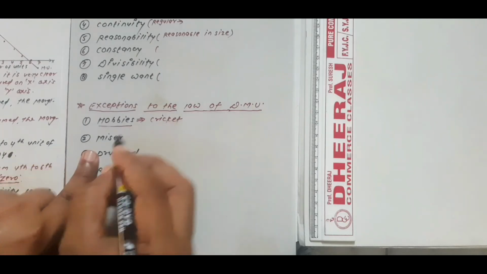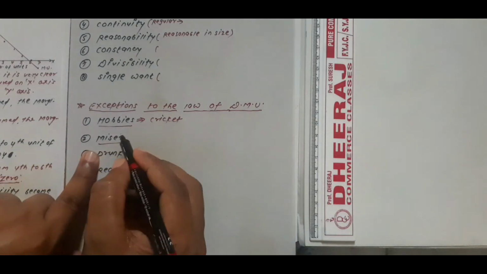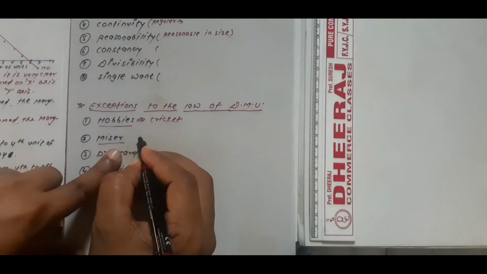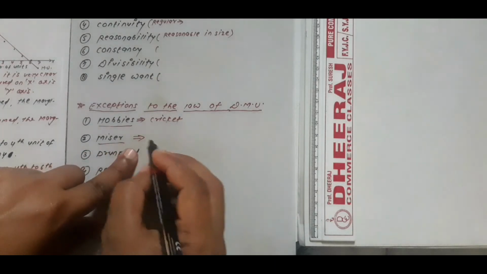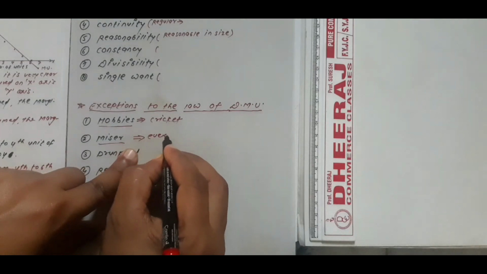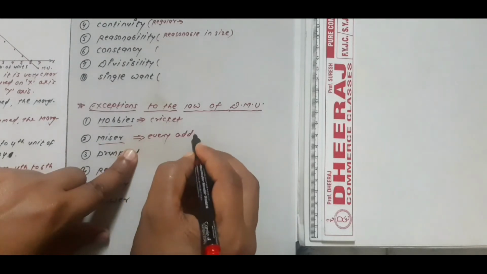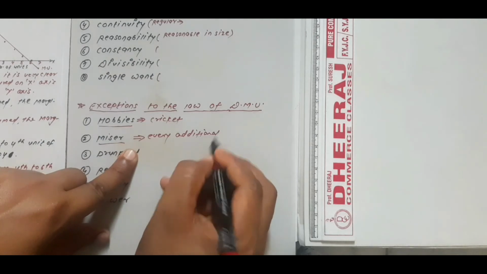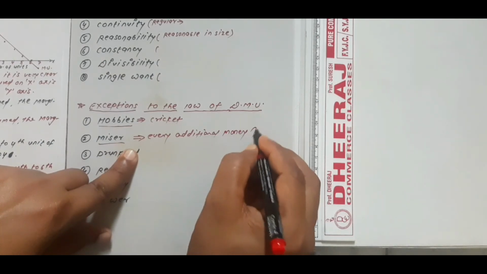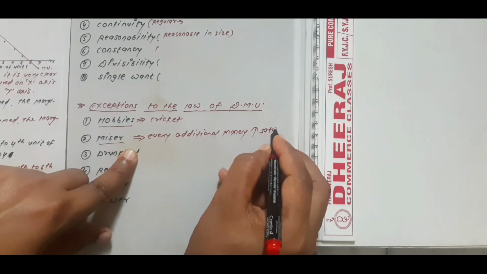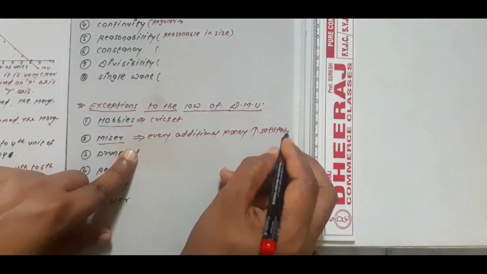Next, the miser. In Hindi, miser means kanjus. Every additional rupee, every additional money, gives more satisfaction. Money satisfaction rises, or we can say the utility rises.